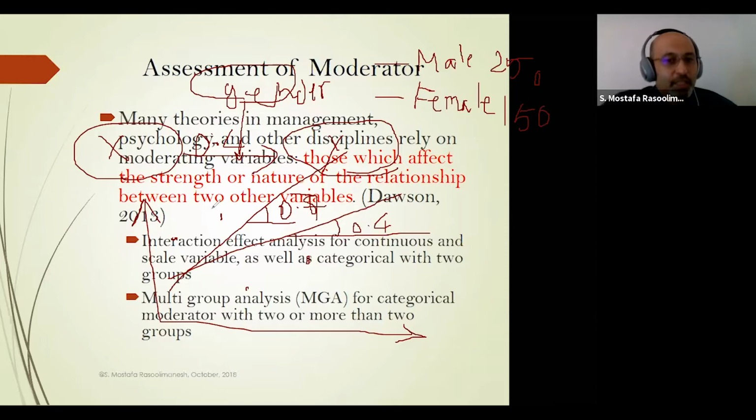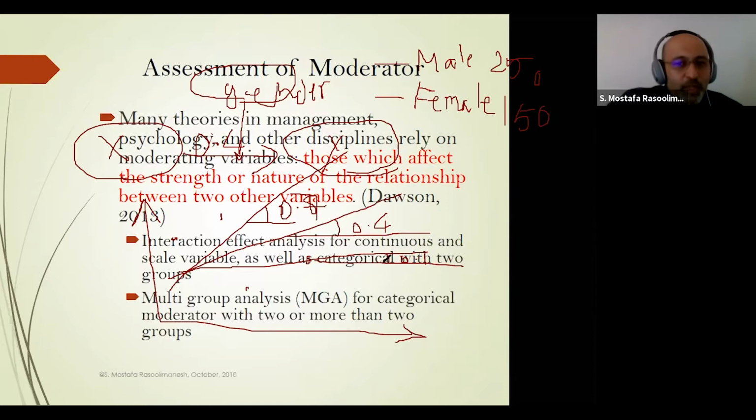So the beta coefficient is 0.7. And the effect of x to y for female, for these 150 samples, is, for example, 0.1.